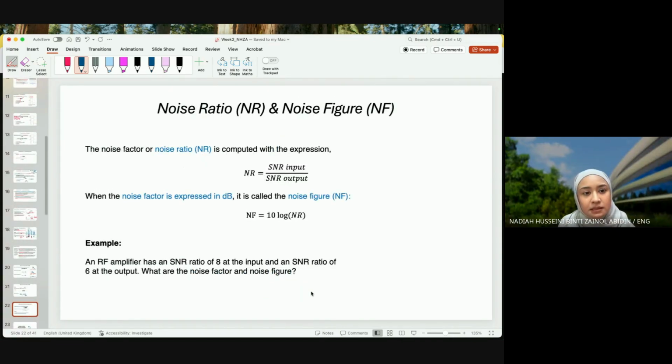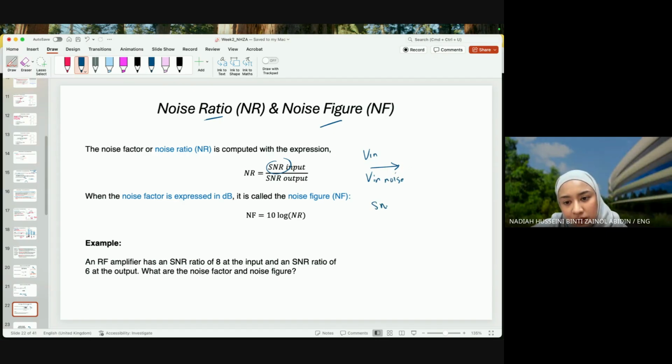So we talked about SNR. SNR is signal over noise. So we have another two terms called noise ratio and noise figure. So noise ratio is SNR input over SNR output. What is SNR input? The signal to noise ratio of the input. Your input, let's say this is V in, you also have V in noise.